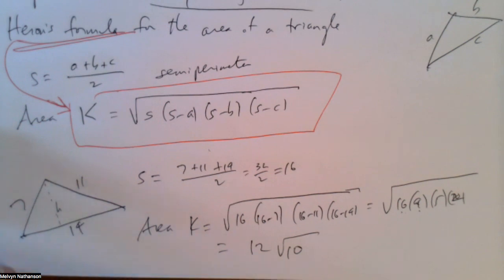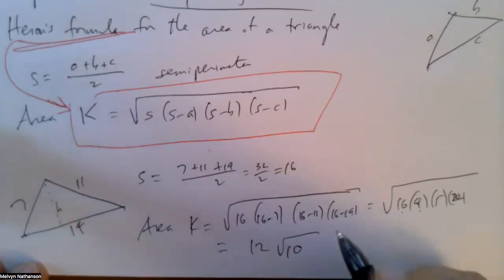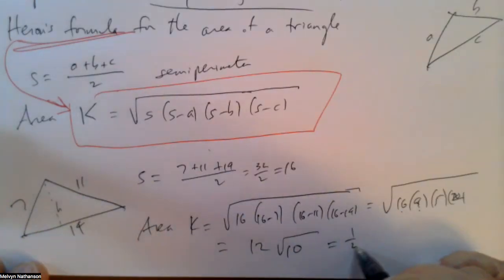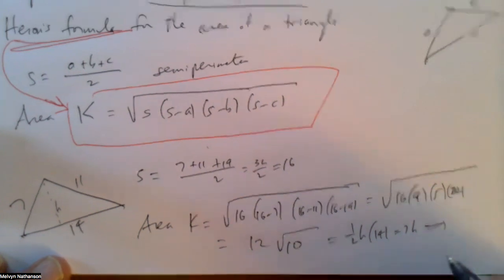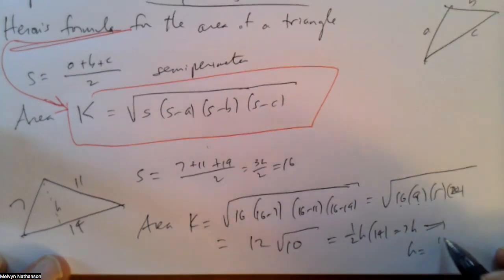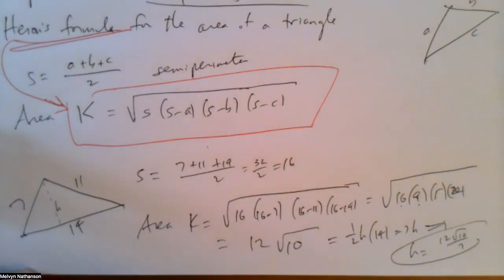In fact, once you know the area of the triangle, you can find the height, because the area is also 1/2 the height times the base. So 7h. So if you wanted to, you could solve for h. H is equal to 12 root 10 over 7. And I think you would be hard pressed to find that any other way.